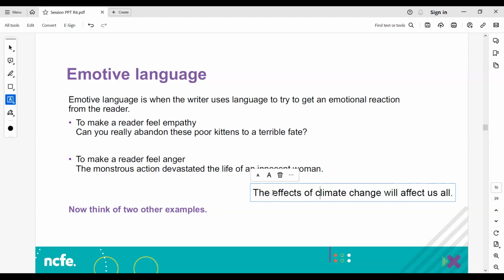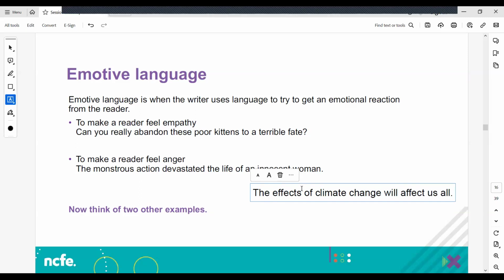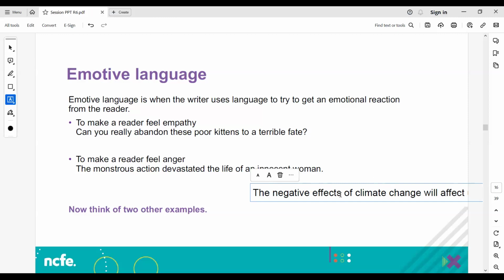So let's put an adjective here before effects. What type of effects will climate change have? Negative. Negative's a good one. Any other words we could use as well, or instead of negative?